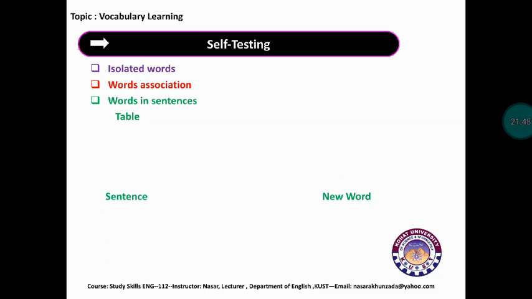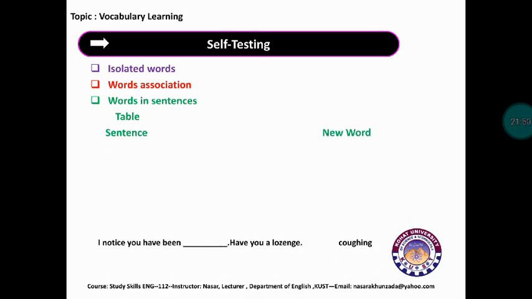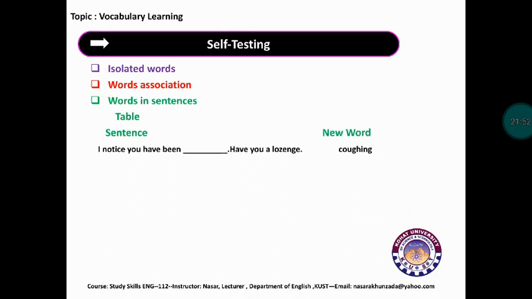Table. Sentence. I notice you have been blank space. Have you a lozenge? New word: coughing. How long have you had that rasping?